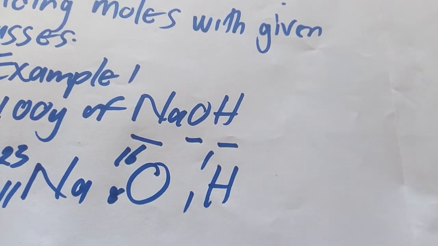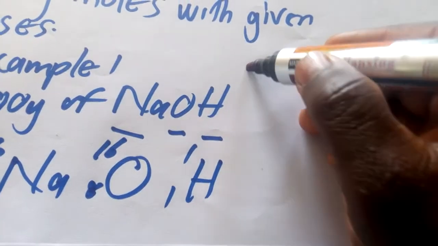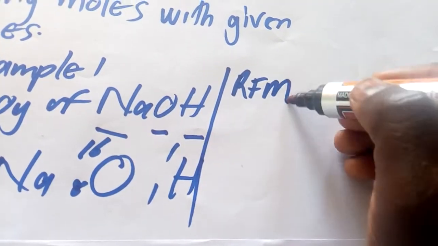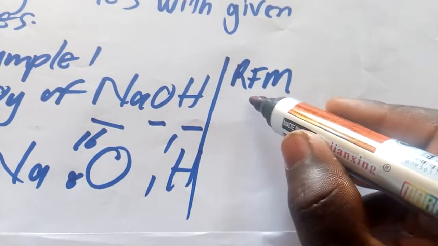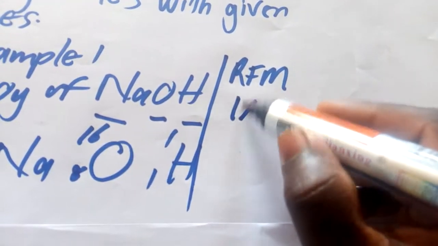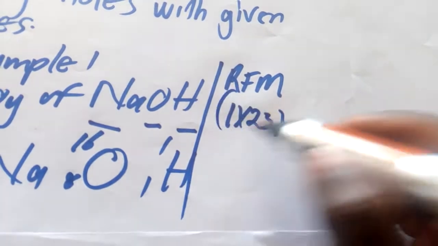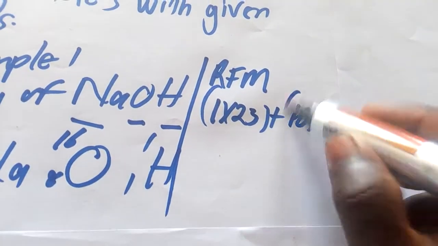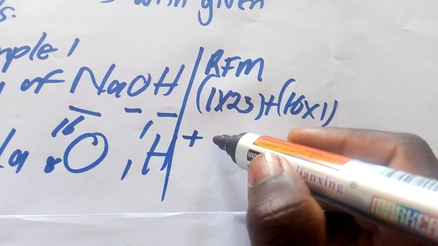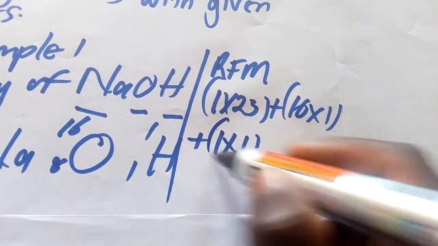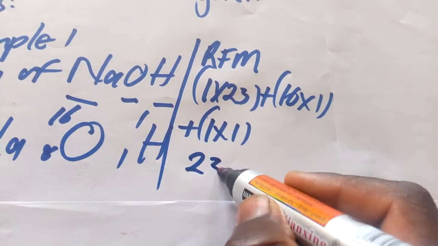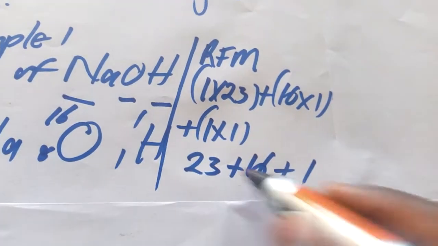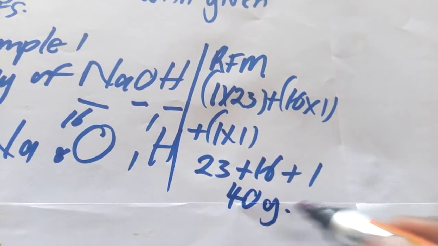So if I look at the relative formula mass, since the formula has 1 sodium, it is 1 times 23 plus 16 times 1, plus hydrogen, which is 1 times 1. This gives me 23 plus 16 plus 1, giving us a total of 40.